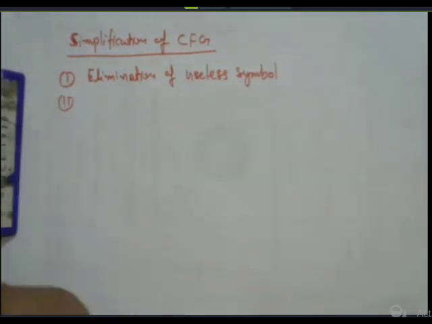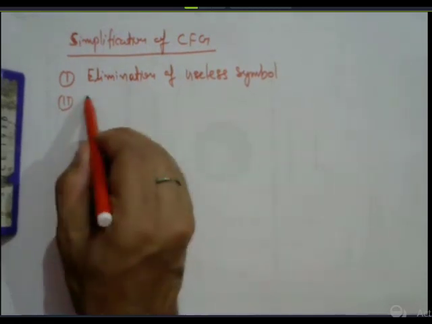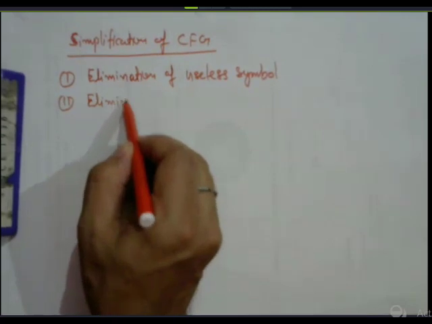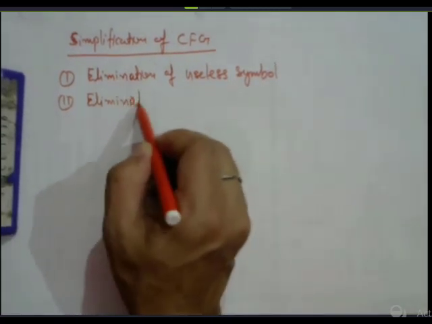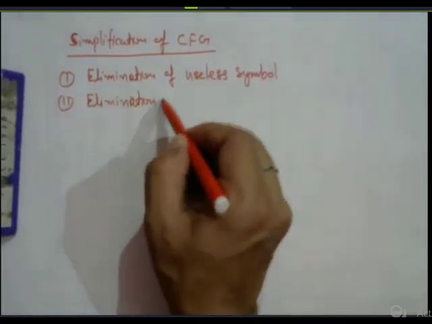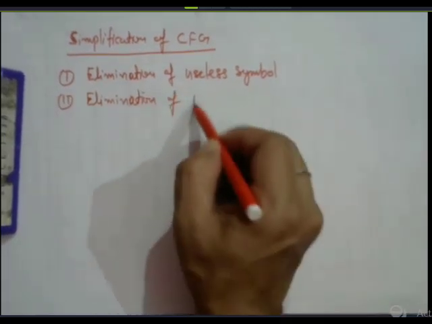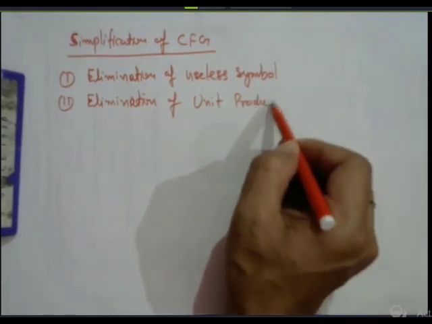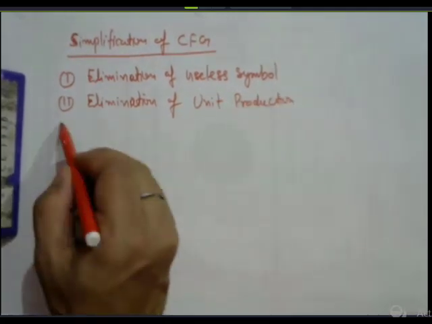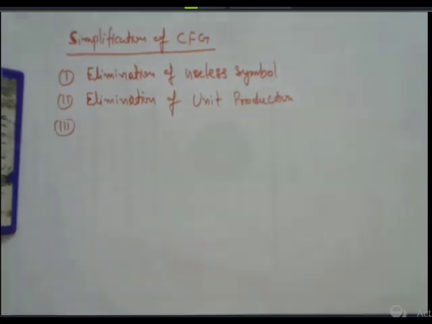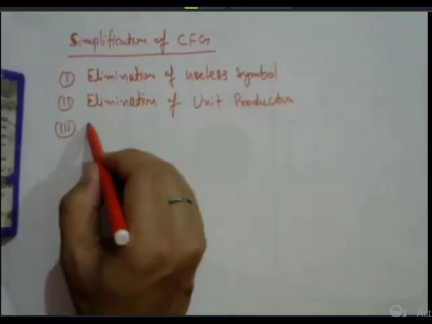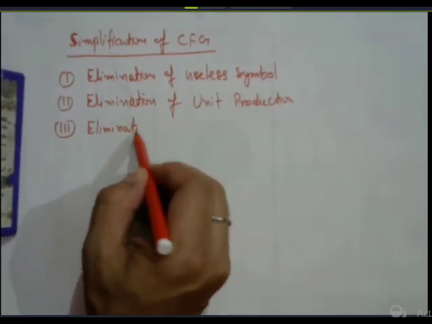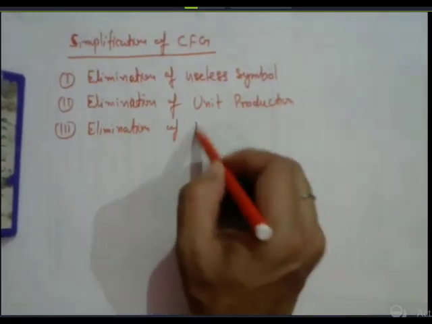The second method is elimination of unit production. And the third rule is elimination of null production.